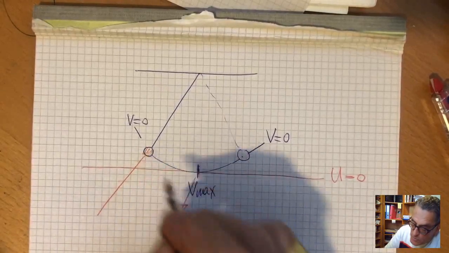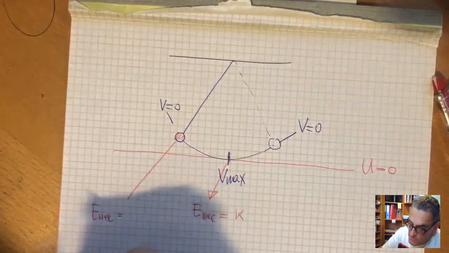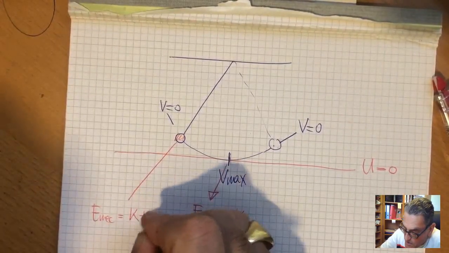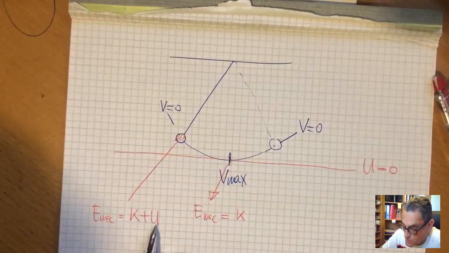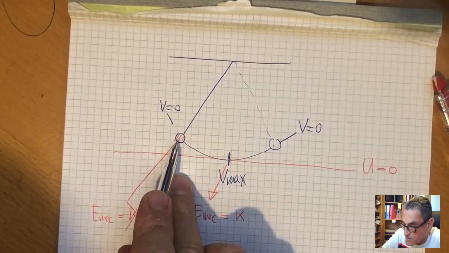What about this situation here? The mechanical energy here is given by what? Here the mechanical energy is K plus U, kinetic plus potential, but the kinetic energy is 0 because the velocity is 0.